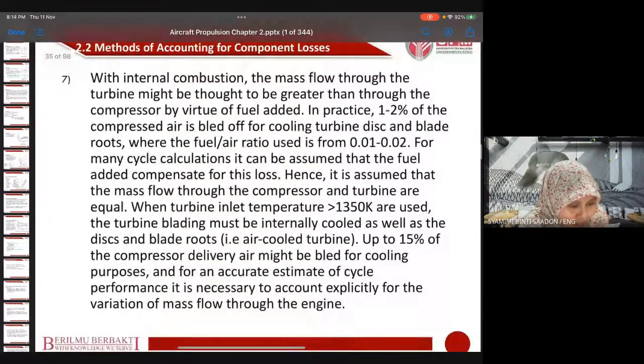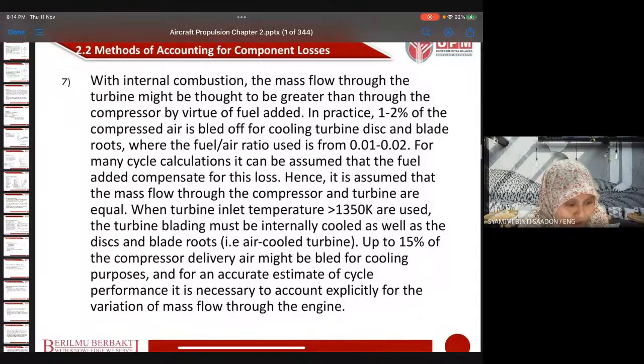With internal combustion, the mass flow through the turbine might be thought to be greater than through the compressor by virtue of fuel added. So this is about turbine inlet temperature. There is some portion, 1 or 2% of the compressed air, bled off for cooling the turbine.